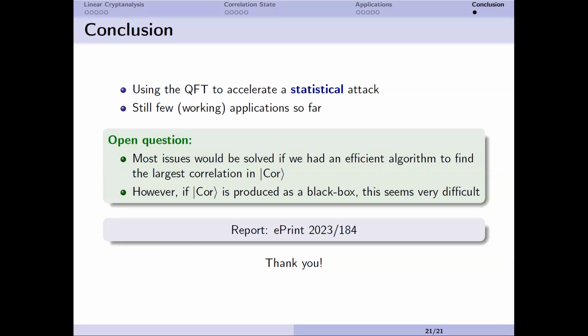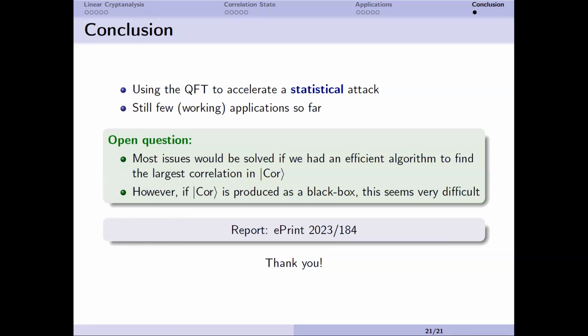Question. So in your last slide, you're saying that if the state is produced in a black box, it seems difficult. What would be the alternative? What if it's not? Well, if it's not, you have to do what I presented, which is not really satisfying.